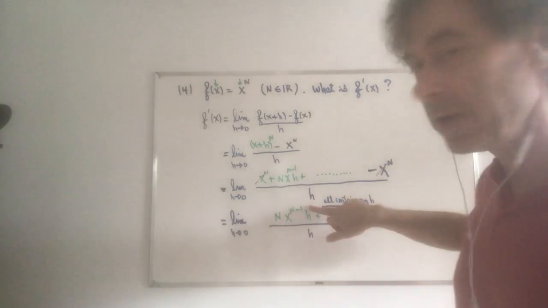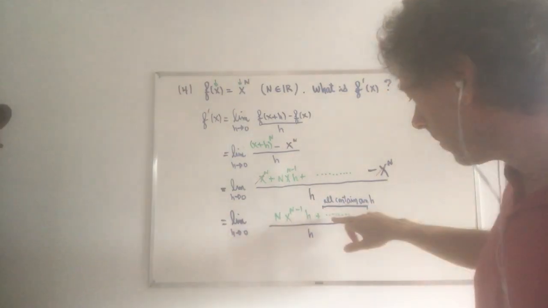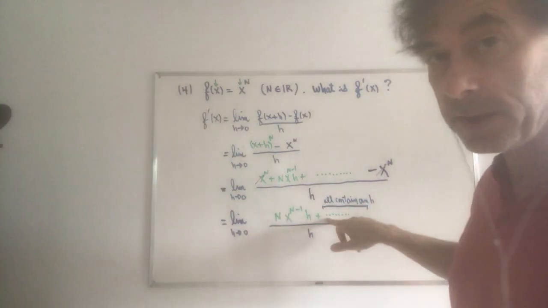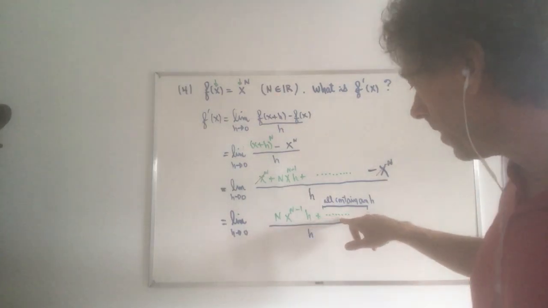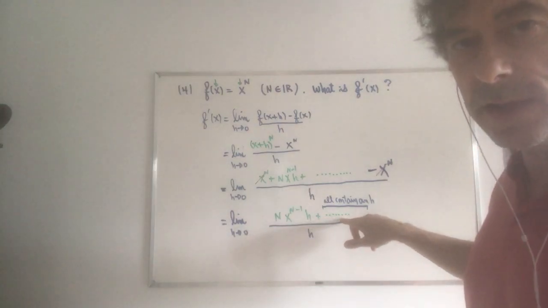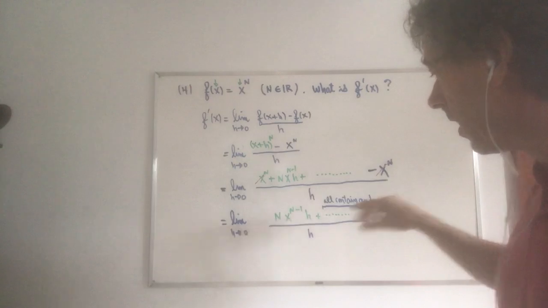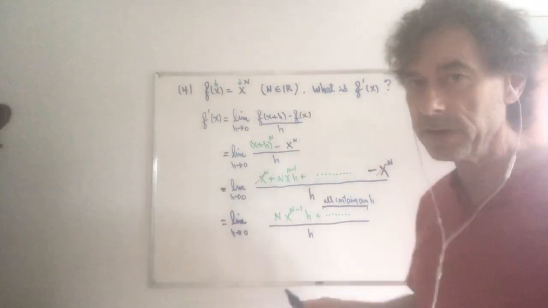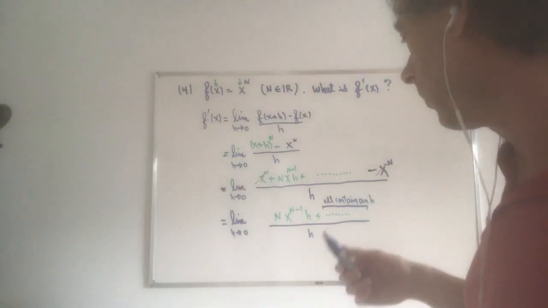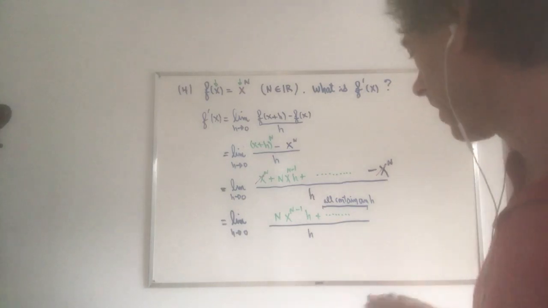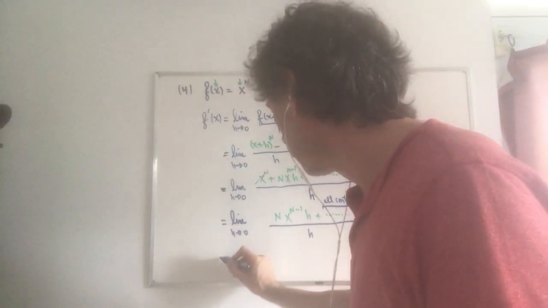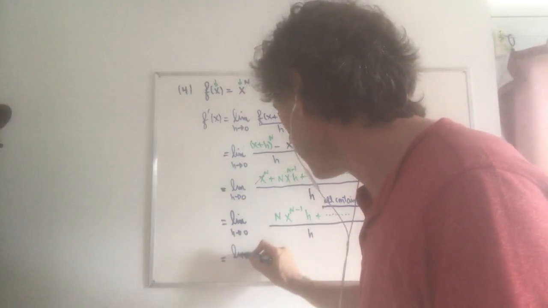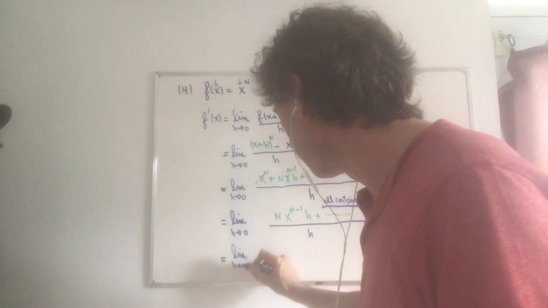This guy contains an h to the 1. The next guy will contain an h to the 2. And then the guy after that will have an h to the 3, and so on and so forth. That's the part that I'm leaving out because it's a bit complicated and we don't have that much time on our hands. So basically what I'm saying is that we can factor out from the top an h.